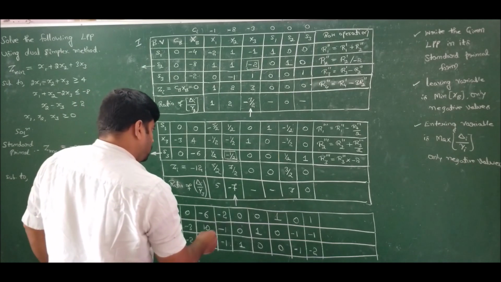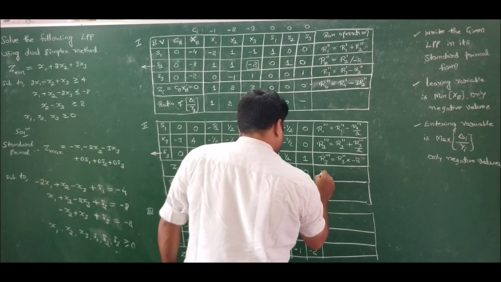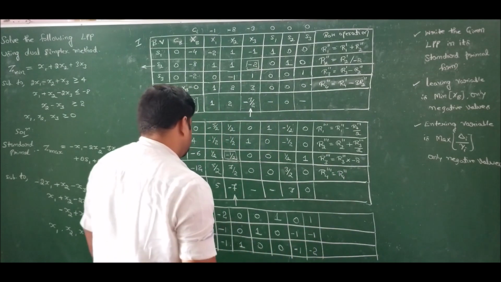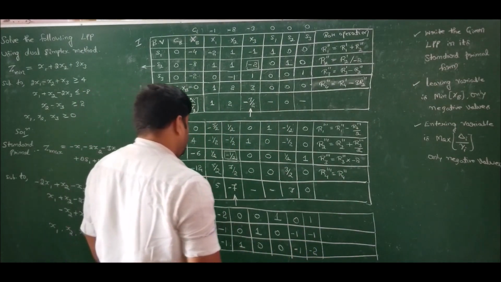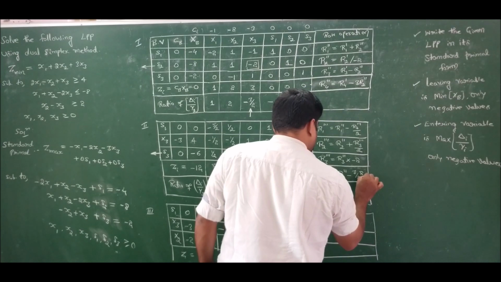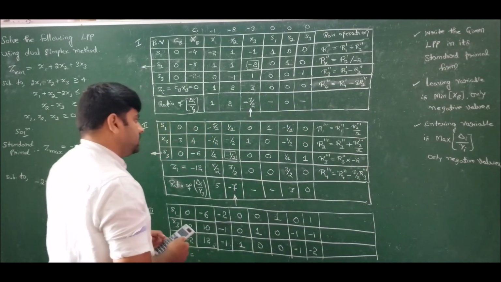So before that I want row operation, I should make this as 0. So therefore R4 of step 3 is R4 of step 2 minus 7/2 R3 of step 3.